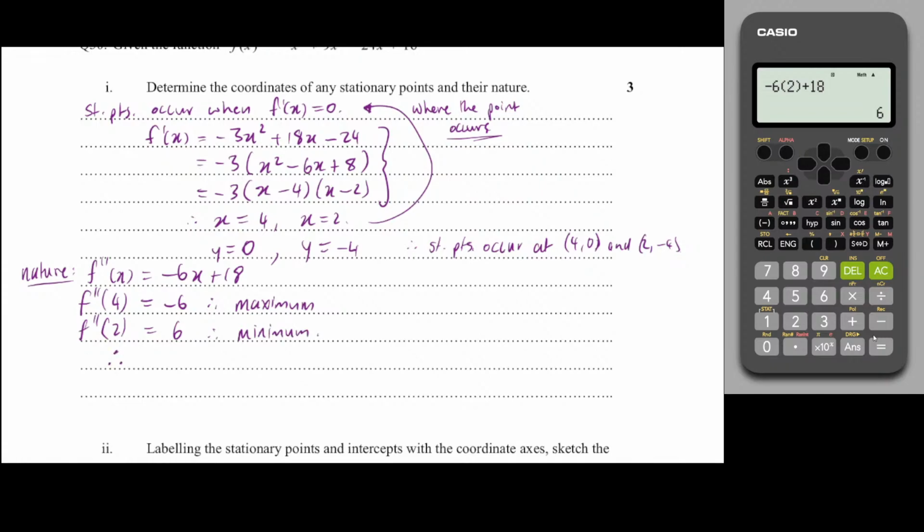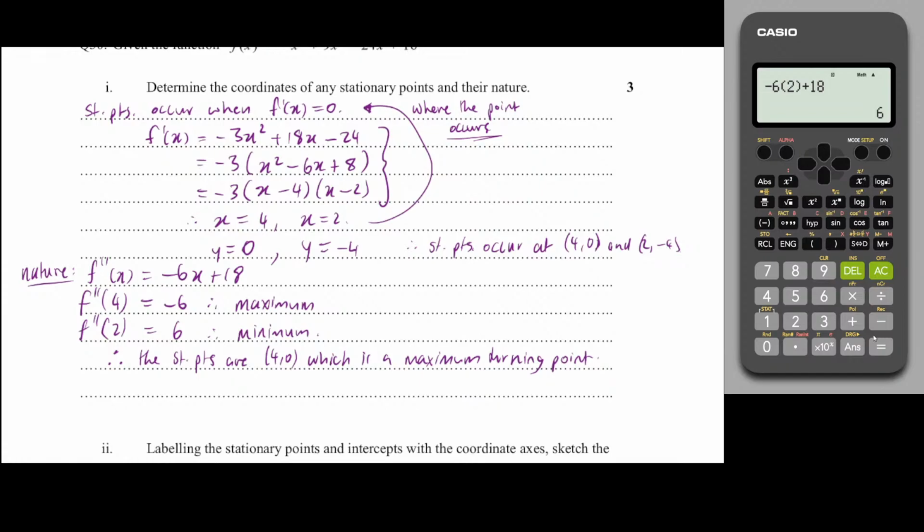So therefore, stationary points are 4, 0, which is a maximum turning point. Is it a maximum turning point?